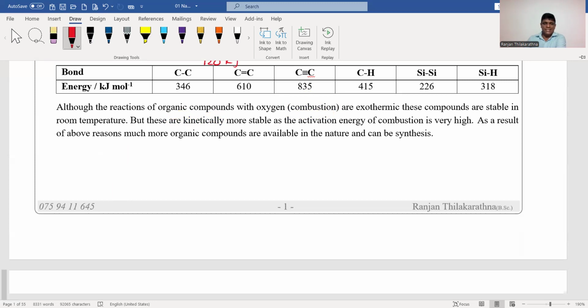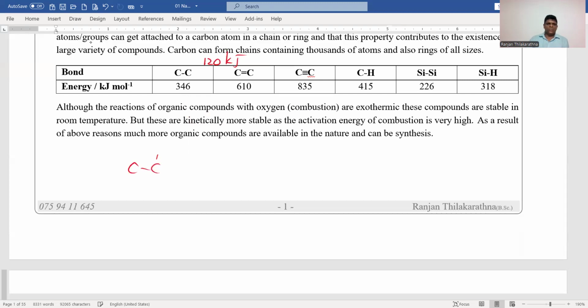Because they need to decrease the energy. Energy can be decreased only by combining with other elements or with the same kind of elements. So bonds are formed in order to decrease the energy. Then carbon forms carbon-carbon or carbon-hydrogen bonds in order to decrease the energy.